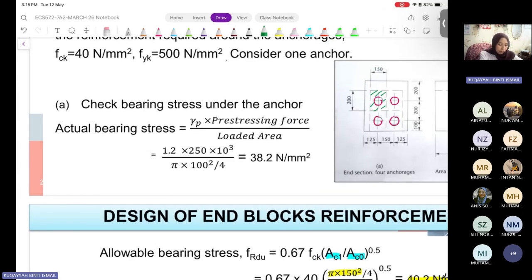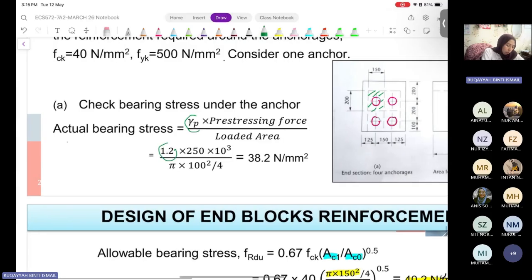To calculate the actual bearing stress, we take gamma P, which is 1.2. We know that the partial factor of safety gamma C for concrete is 1.5, and the partial factor for steel is 1.15.